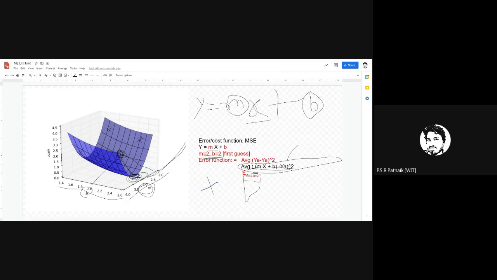Let me explain once again. This is my 2D. I have a linear equation. Take a point here and calculate the slope here. Here, if you calculate, you will get a positive slope. You get a slope value of 1.3 or something.